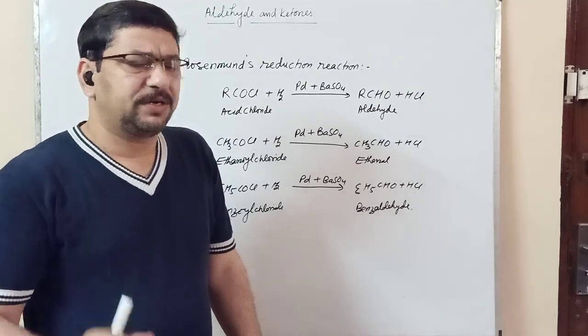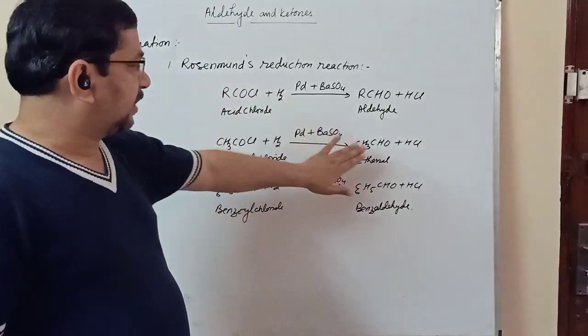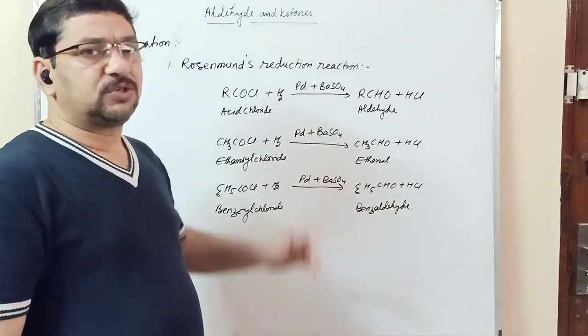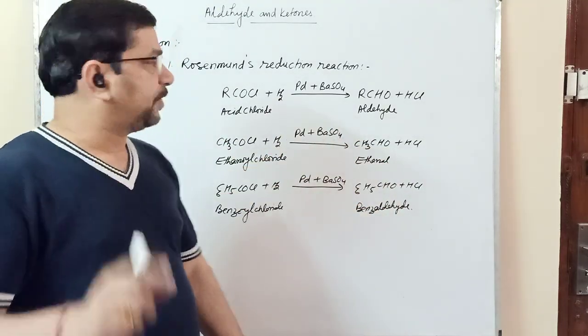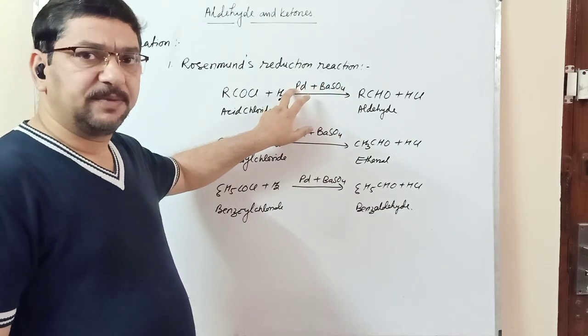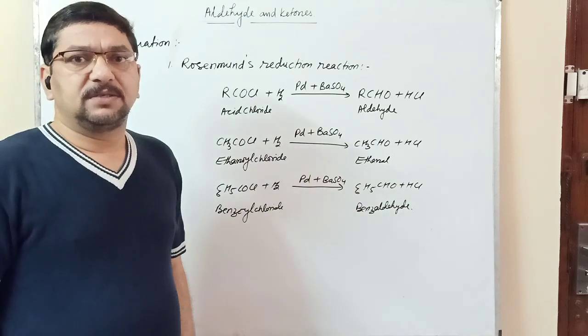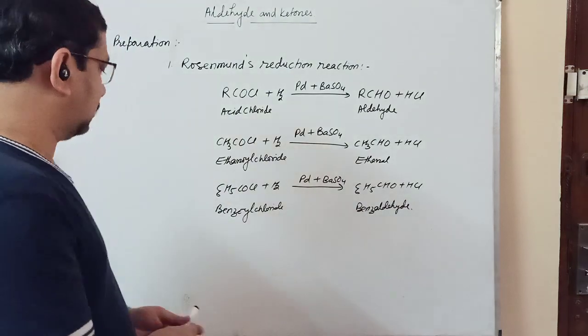And another important point, in this reaction we can only prepare aldehyde, not ketone. Again I am repeating, this barium sulfate decreases the activity of palladium and prevents the reduction of aldehyde to alcohol. So this is the first reaction.